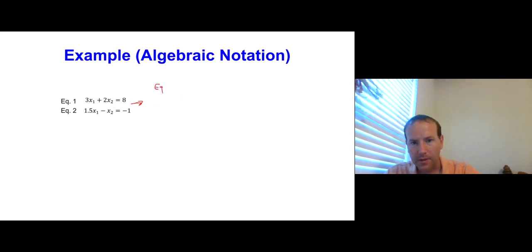Equation 2 prime is going to be -2 times equation 2. The first equation is going to be unaffected, 3x1 plus 2x2 equals 8. And then the second equation becomes -3x1 plus 2x2 equals 2.